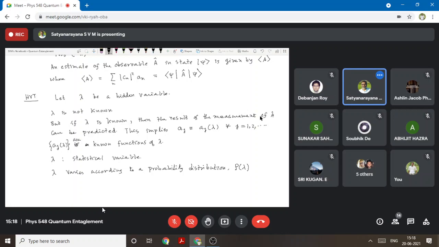And it has some domain of its variation. Let us call that lambda lower limit to lambda upper limit.